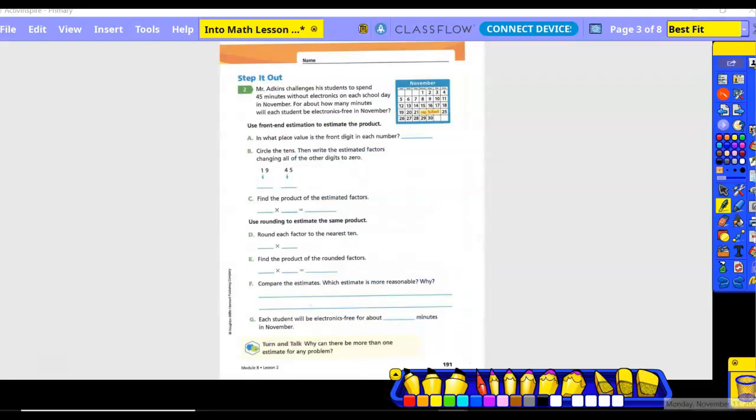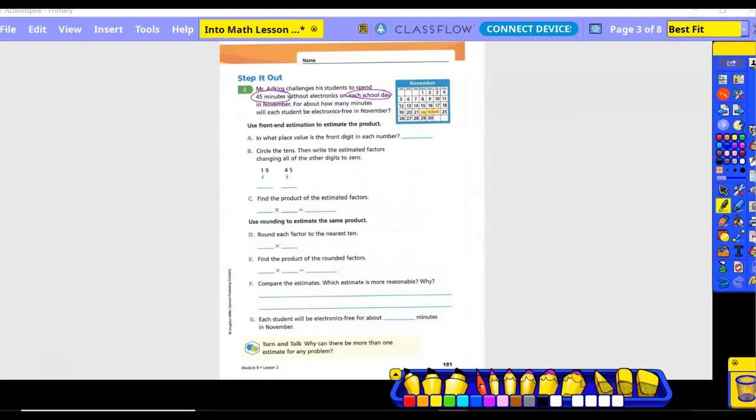Step it out. Number 2. Mr. Atkins challenges the students to spend 45 minutes without electronics on each school day in November. For about how many minutes will each student be electronics free in November? So we need 45 minutes, and then we need to do each school day, right? Does each school day make a difference compared to each day in November? Yes.